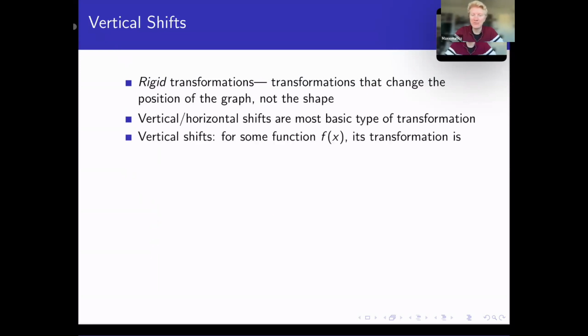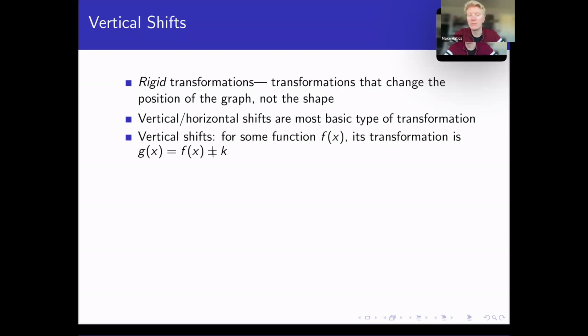So vertical shifts for some function f of x, its transformed version, if you are vertically shifting it, would be f of x plus or minus k. So using g of x now instead of f of x, f of x plus or minus k would be a vertically shifted function.